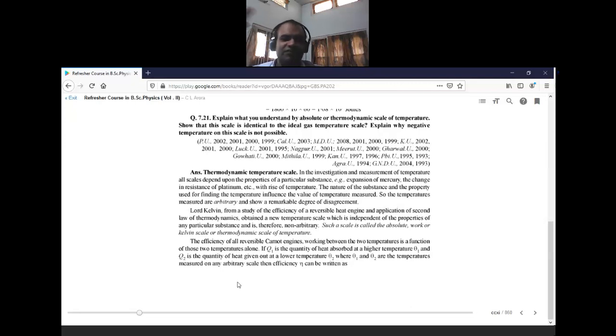Any arbitrary scale means theta 1 may be in degrees Celsius, Kelvin, or even Fahrenheit. Similarly, theta 2 may be in Kelvin, Celsius, Fahrenheit, whatever. That is why it is an arbitrary scale.